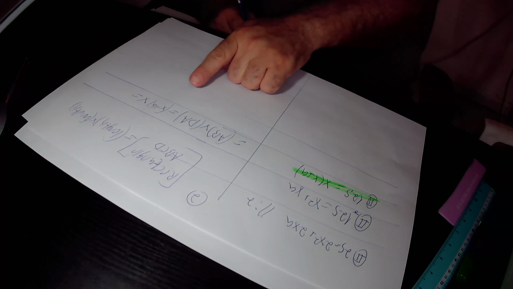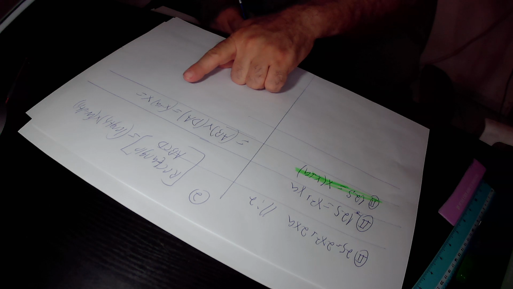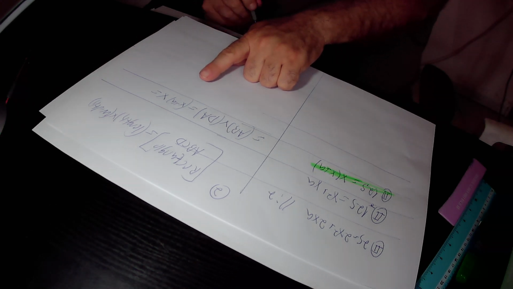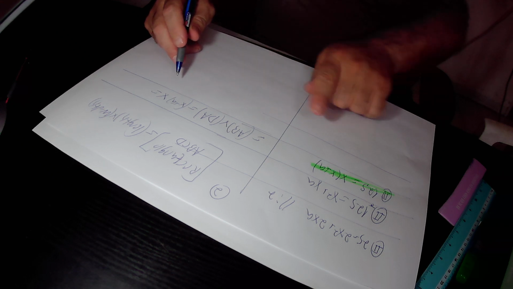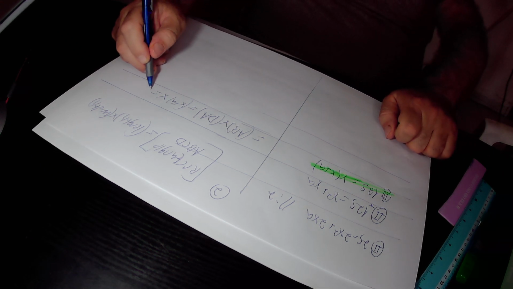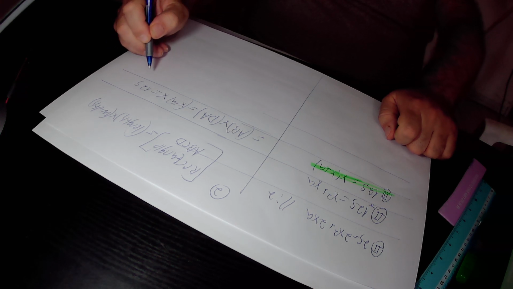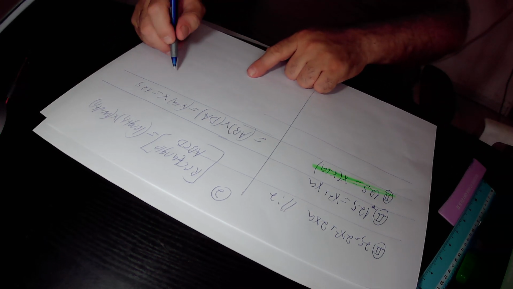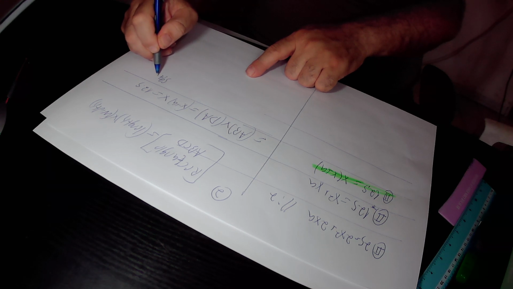Therefore, we can substitute (x plus a) times x by 12.5. So the area of rectangle ABCD equals 12.5 square units.